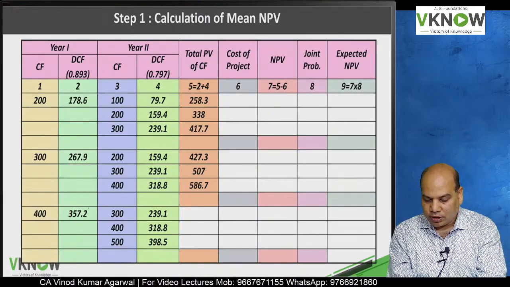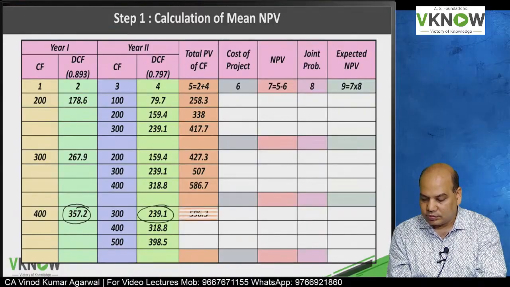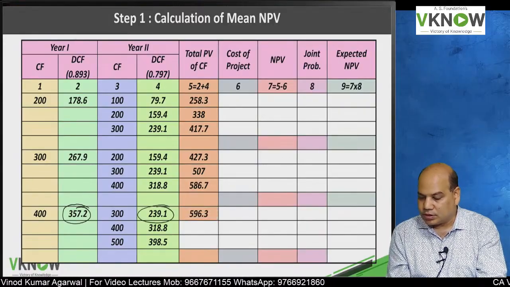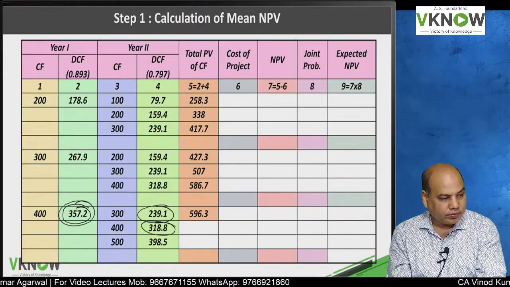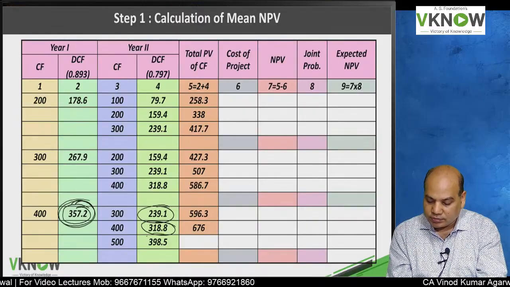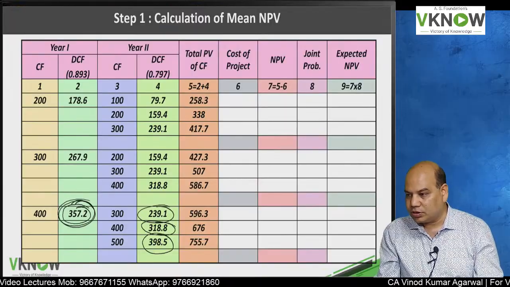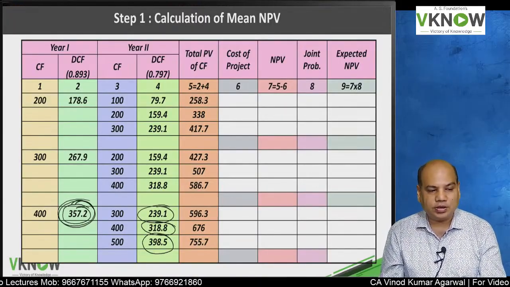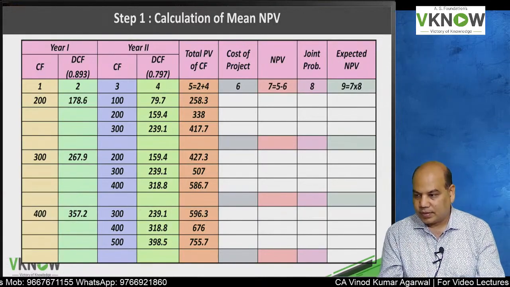Try the next one. 357.2 plus 239.1. 596.3. This number plus this number 567.6, and one more last 755.7.